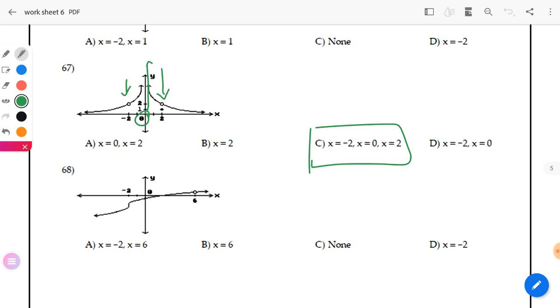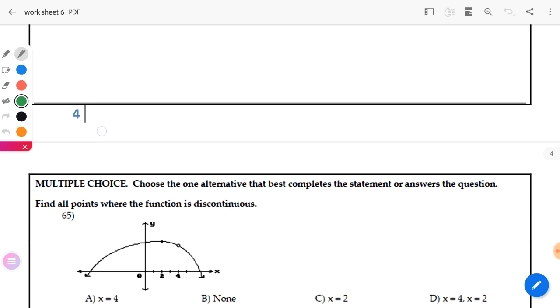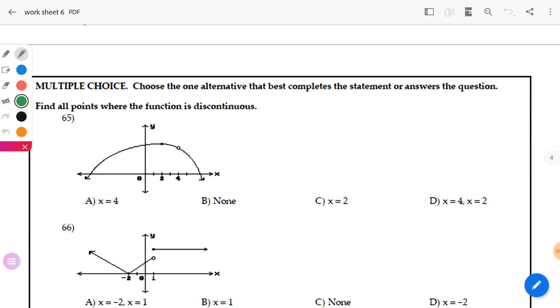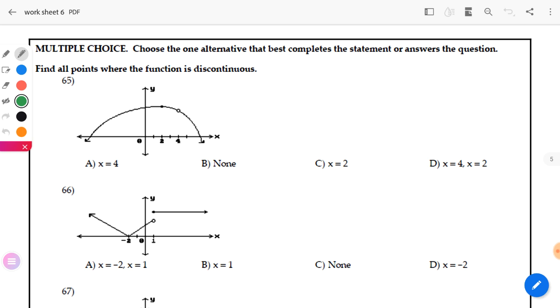Here, as you see in the graph, we have a hole at x equals 6. So the function is discontinuous. I'm sorry, I made a big mistake. Since I solved this exercise in the session and recorded the session, I thought I had read the head of the question with you, but I have to read it again.